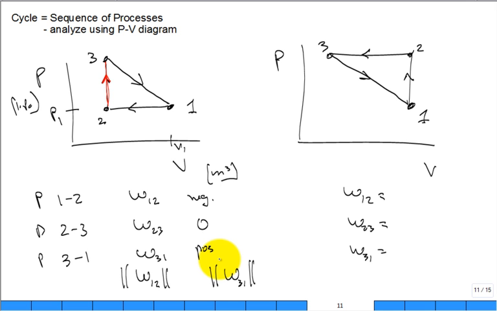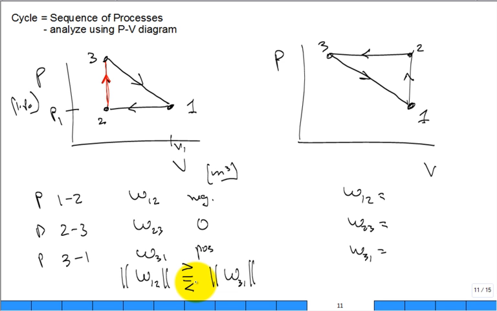Which one is larger? 3 to 1 is larger. Why? Because even though the volume change is the same, one was compression, one's expansion, and during that volume change, one of the pressures was higher than the other.